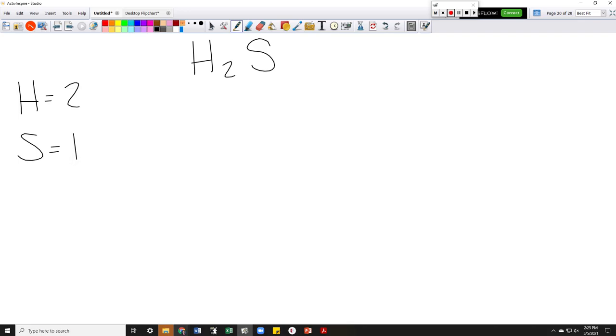Very good. Jamia, read number 2 for me, please, ma'am. All right, Jamia, how many valence electrons are there for hydrogen? How many for sulfur? 6. Very good. Why is it 6? It's group 16. Fantastic.